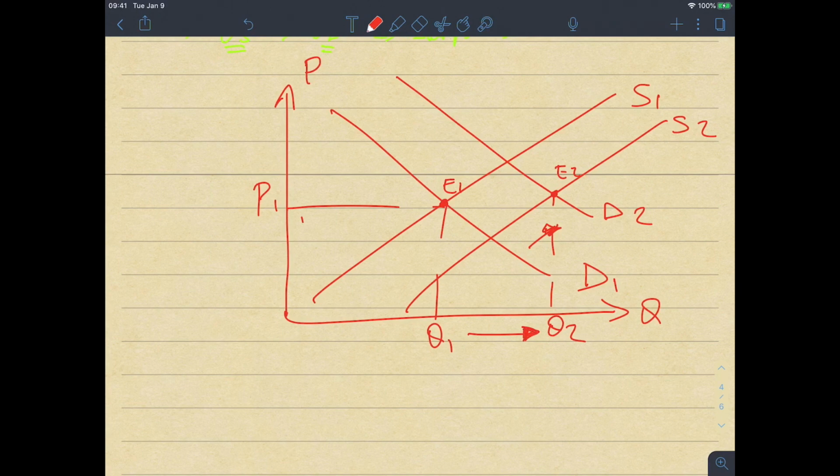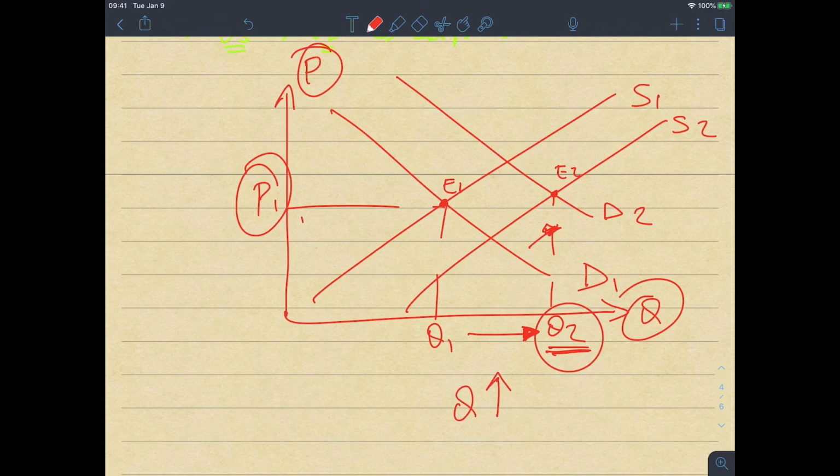As I told you before, if the change in one part is certain, the change in the other part is uncertain or ambiguous. The parts I'm talking about are price and quantity. So the certainty I have here is in quantity. So the quantity is increasing, but the change in price is not certain.